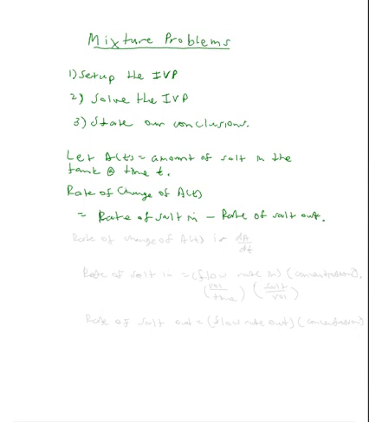That is actually our differential equation. This equation that says rate of change of A of t equals rate of salt in minus rate of salt out is the actual differential equation. But of course we want to express it symbolically.